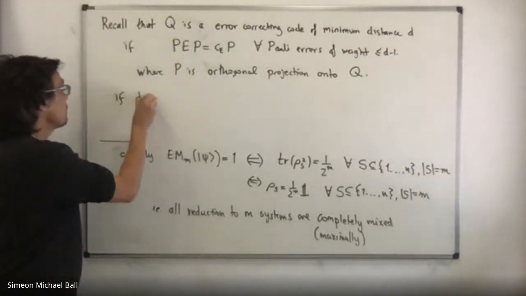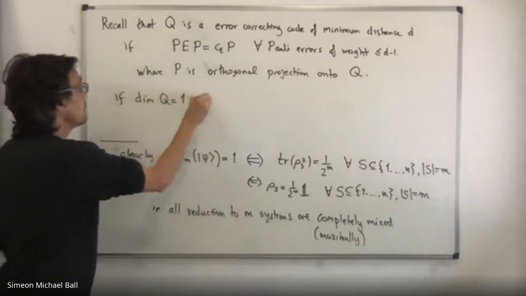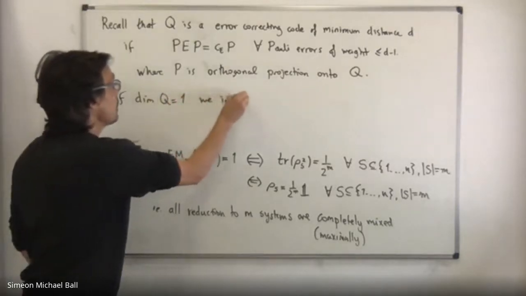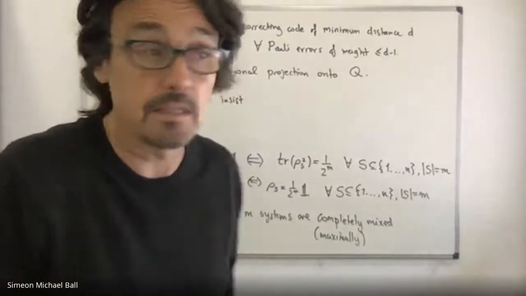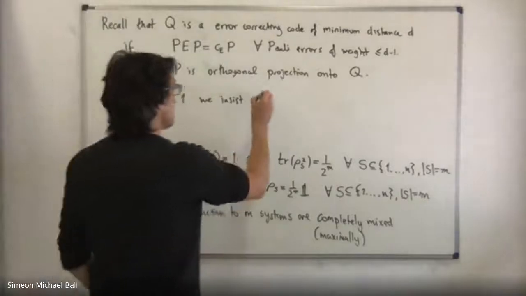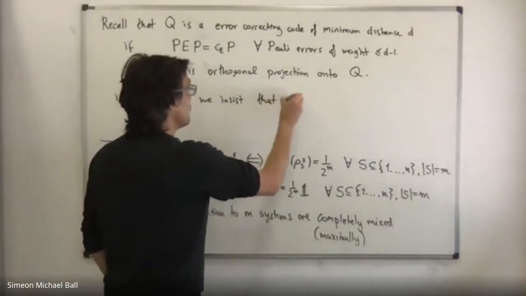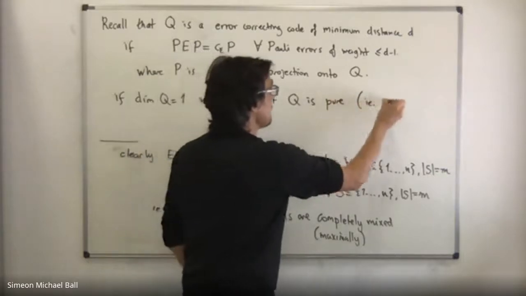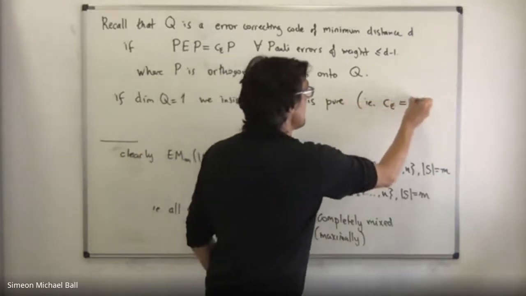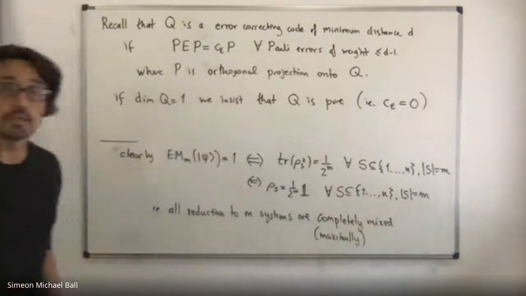So if the dimension of Q is 1, we insist on a pure code as we did for stabilizer codes, because otherwise the impure codes didn't make any sense. So we insist that Q is pure, and that's equivalent to saying that this c_E is always equal to 0.